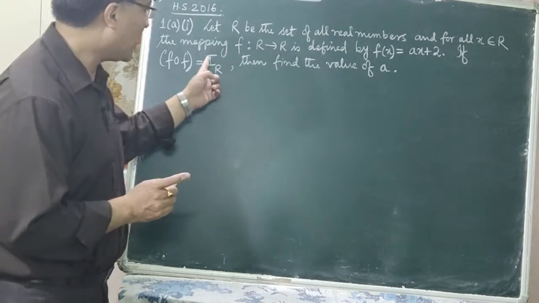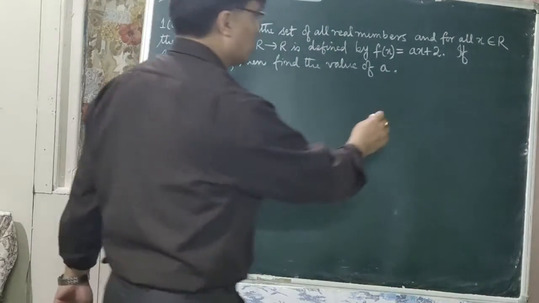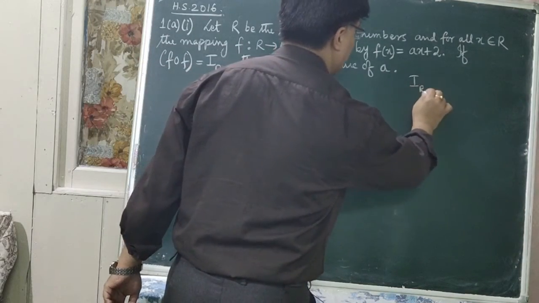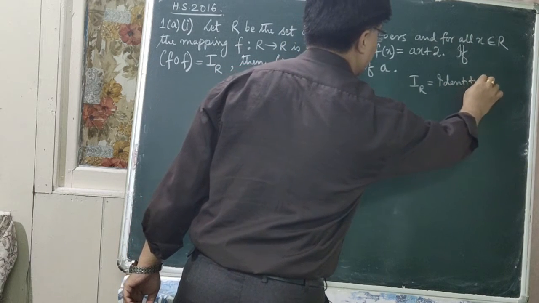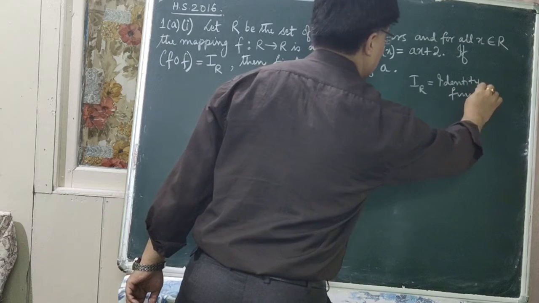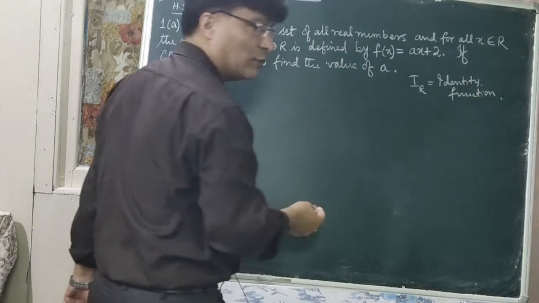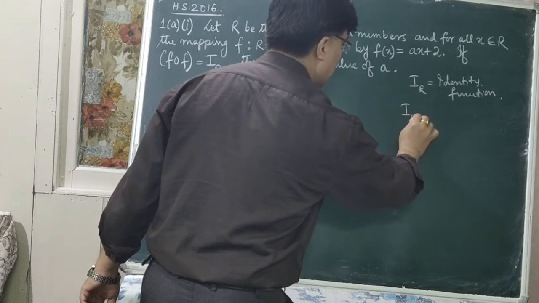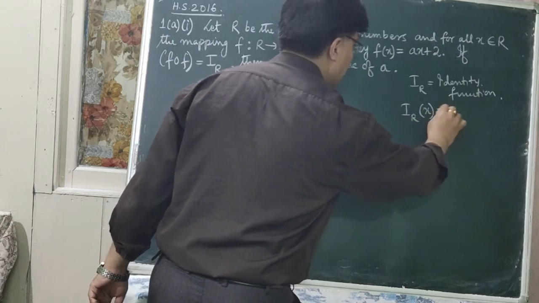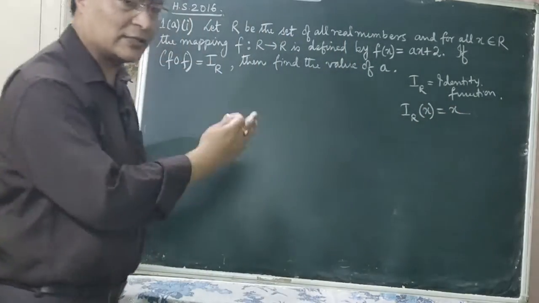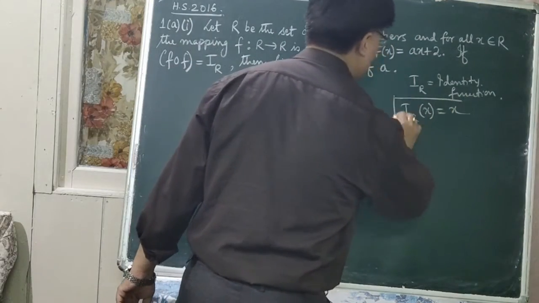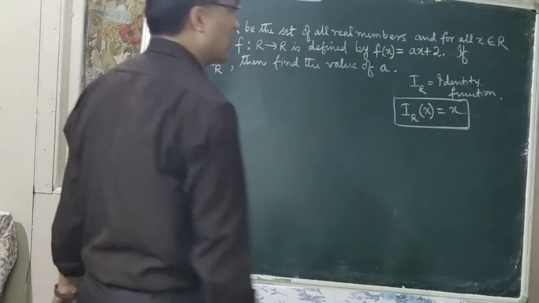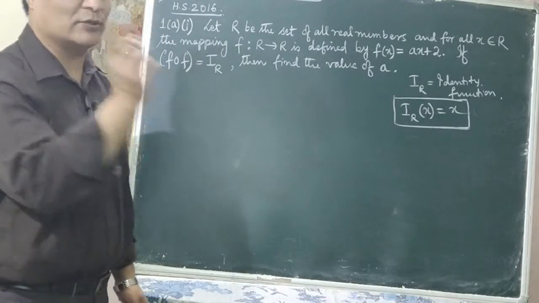IR is known as what? Identity function. So you know about identity function, that is, you can write IR of x is equal to x. You should know this relation. If IR is an identity function, then we can write IR of x is equal to x.